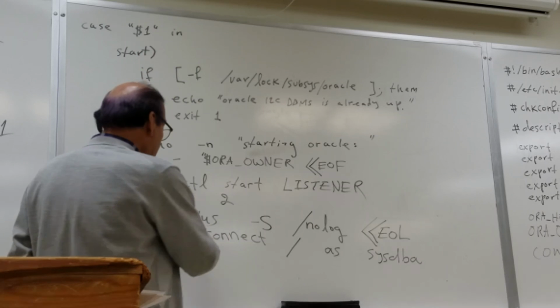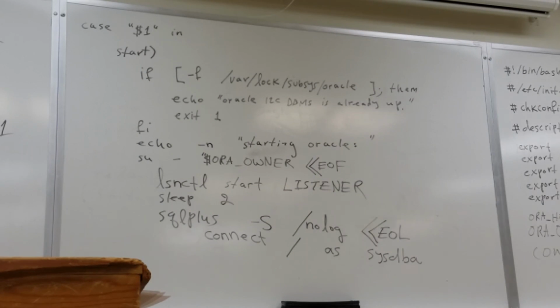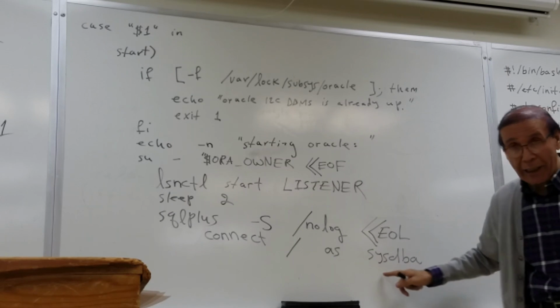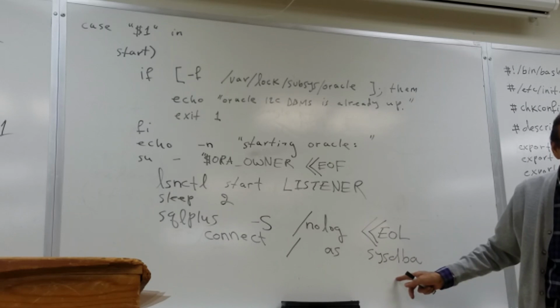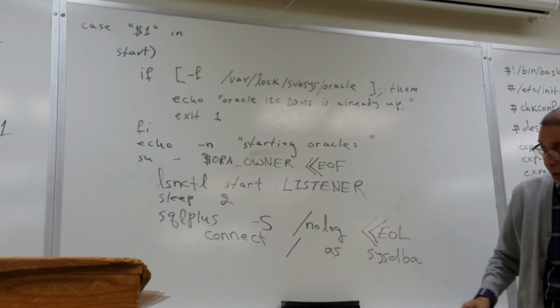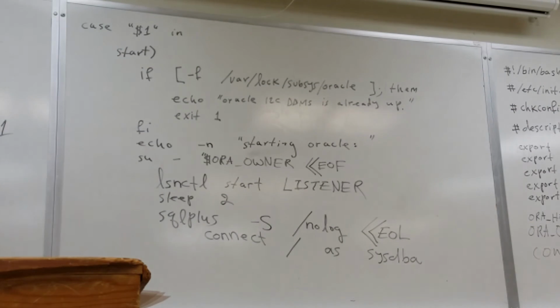I cannot say SQL Plus system manager. The reason is that system manager is not capable of shutting down Oracle or bringing Oracle up. The only power that is able to do that is sysdba. System manager doesn't have enough privileges to do that. So now we continue.